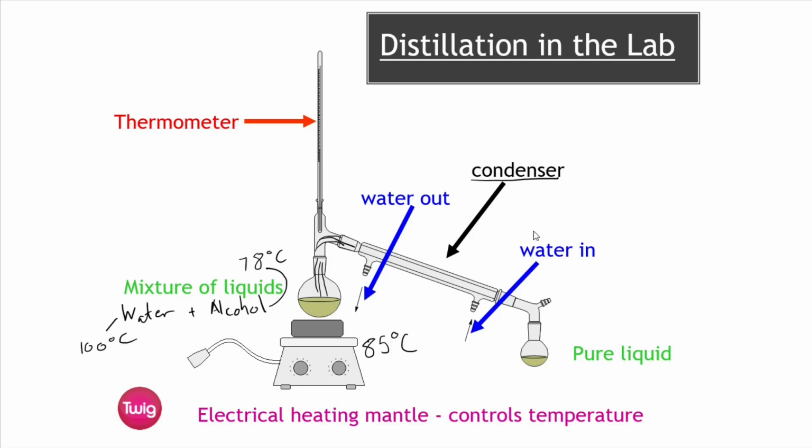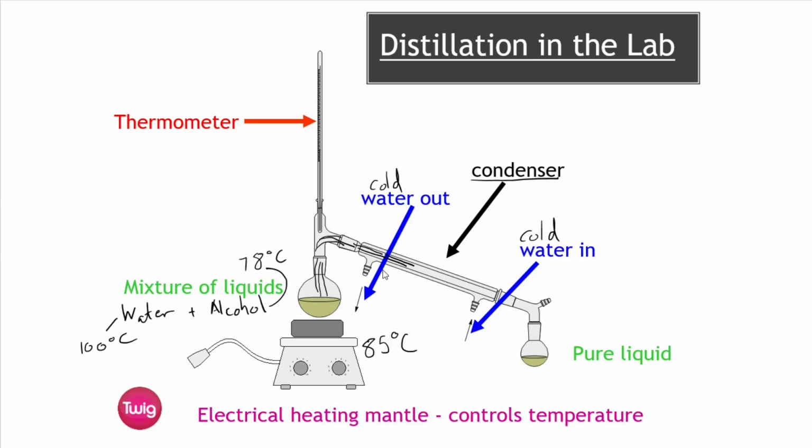Well, it uses cold water to cool the gaseous alcohol back into a liquid. This condenser is a hollow tube where the alcohol vapor will enter, and around the outside of the tube we've got our cold water running in and keeping it nice and cold.